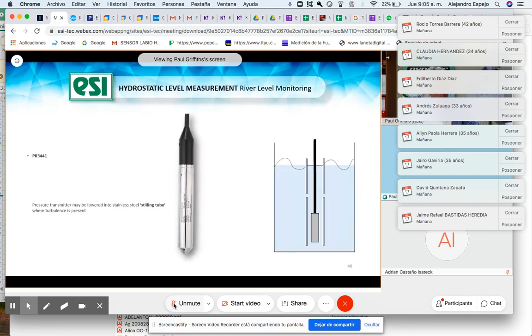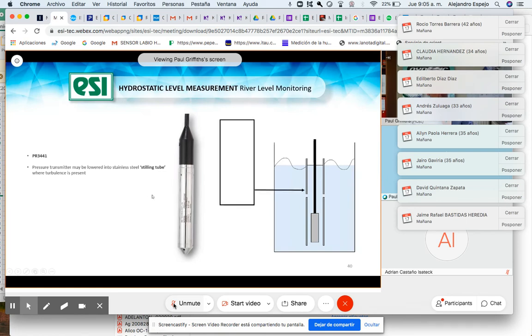And then where you have dynamic level, you may have a river where the water is uneven, or maybe even a tank where water is being agitated. So in order to measure a true level you need to have an average, or have some way of making the water level stable. You can do this with a stilling tube.